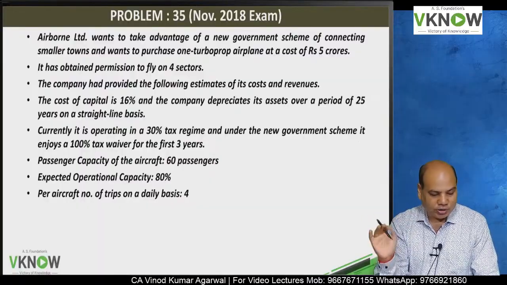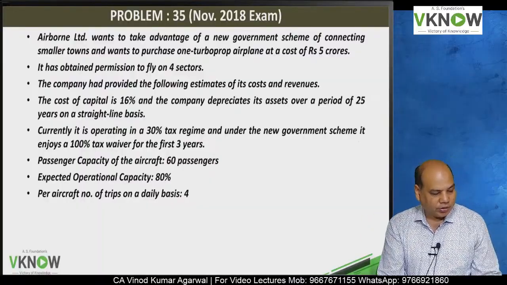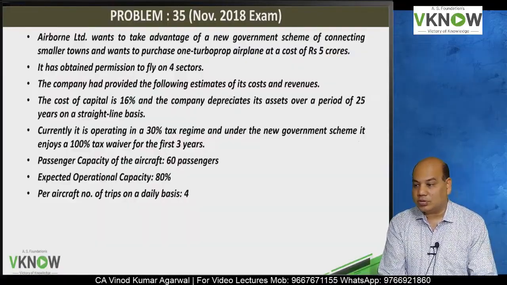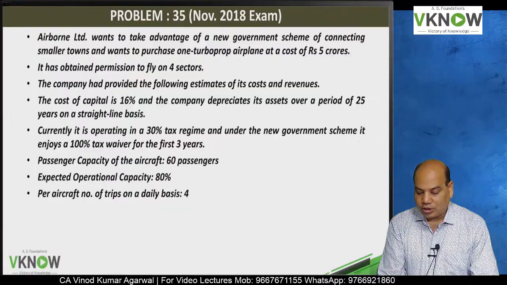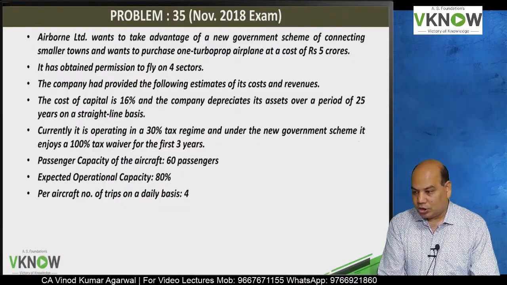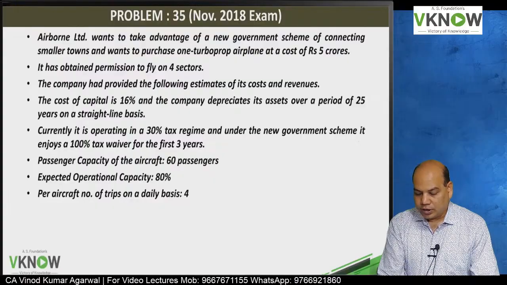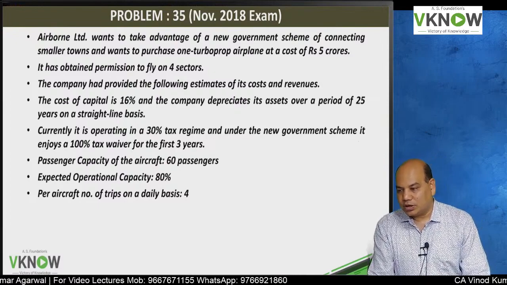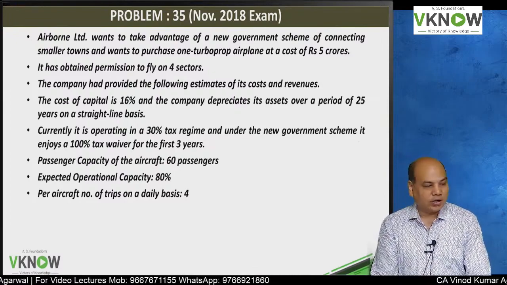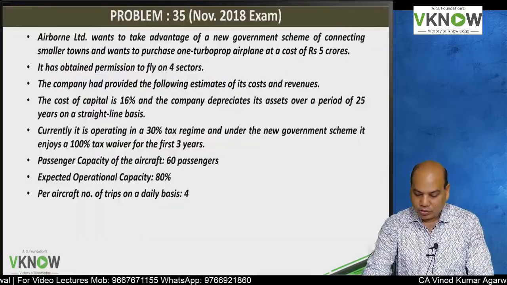Now write down question 35 so that you are reminded that you have to do homework. Question 35. Airborne Limited wants to take advantage of a new government scheme of connecting smaller towns and wants to purchase one turboprop airplane at a cost of 5 crore.